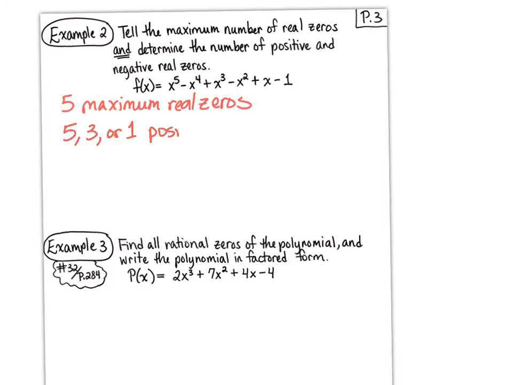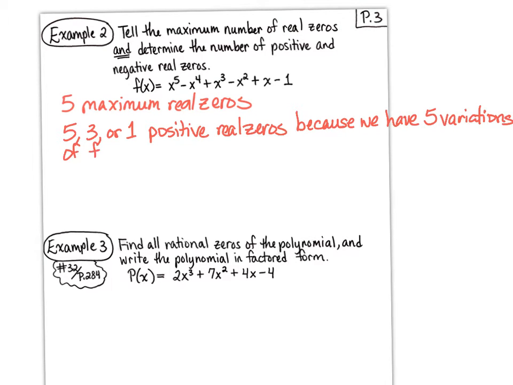Positive real zeros, because we have five variations of f of x or less than an even integer.